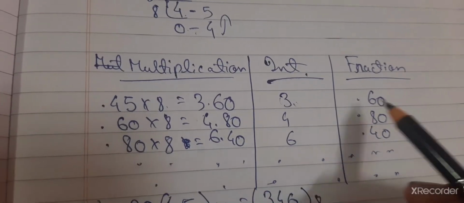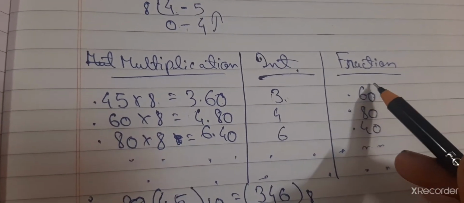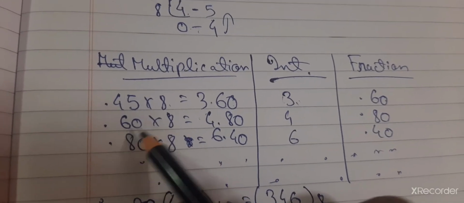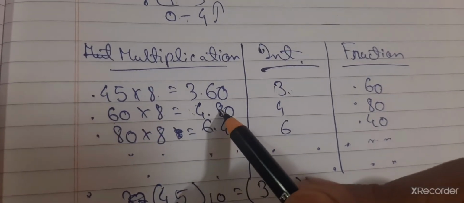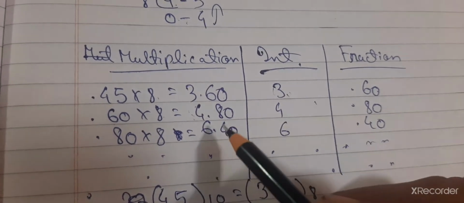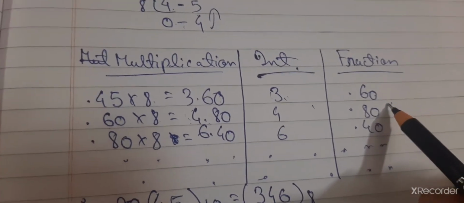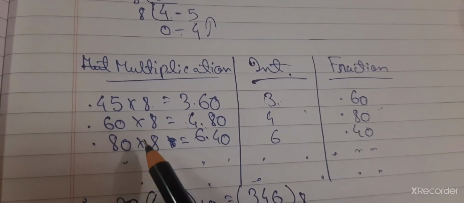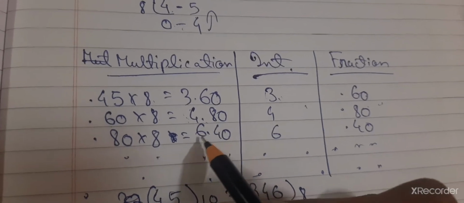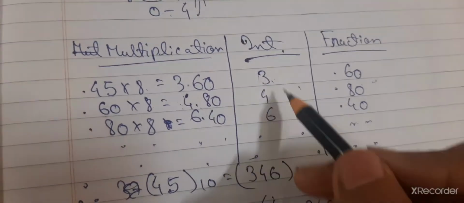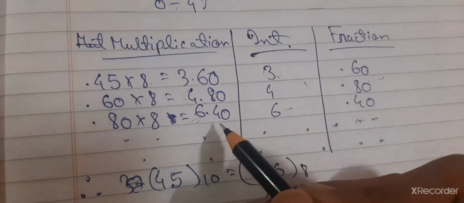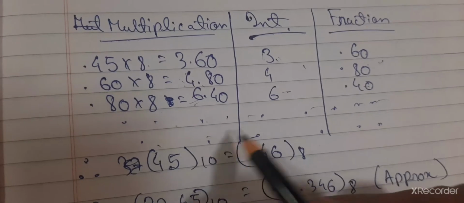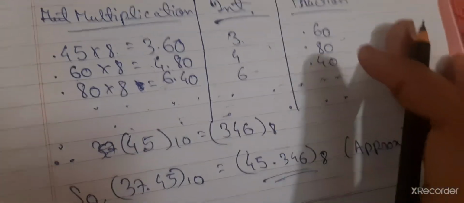Again the same, always multiply the fraction part with the base. 0.60 into 8 is equal to 4.80. 4 in the integer part, 0.80 in the fraction part. Again 0.80 into 8 is 6.40. 6 in the integer part, 0.40 in the fraction part. This will go on as usual, so we give a dot dot dot.